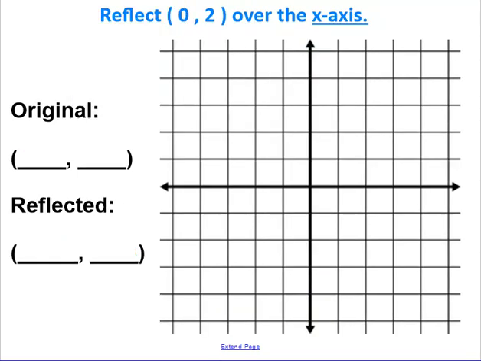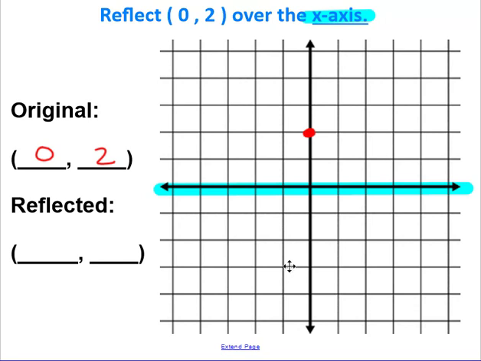So in this next one here, it says reflect 0, 2 over the x-axis. So x, I'm going to highlight the x-axis here. So my point was 0, 2. I'm going to plot that. So 0 means stay, and then I go up 2.